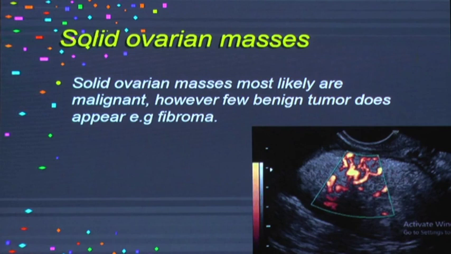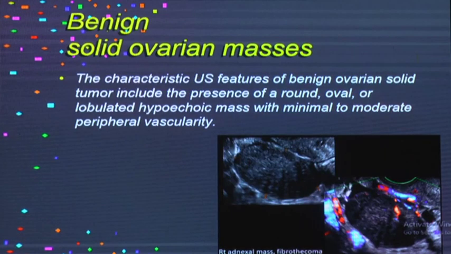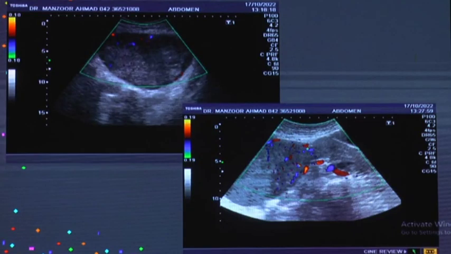And solid ovarian masses, most likely they are malignant. However, a few benign tumors like fibroma may as well be visible. And whenever you see a benign solid mass in the adnexal region, you have to see the contour of the mass. If it is smooth, well defined, and the vascularity is seen only at the periphery, that is most likely a benign solid mass.